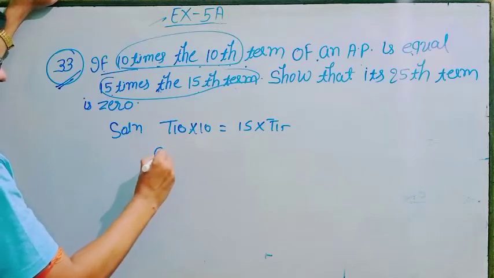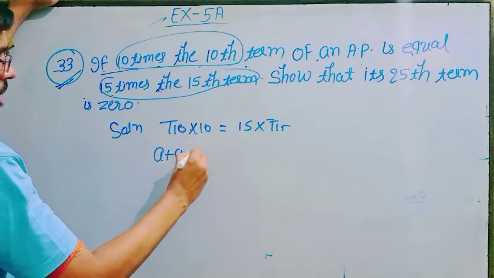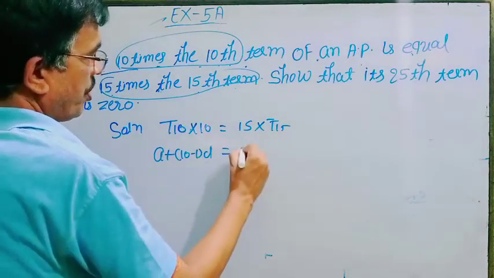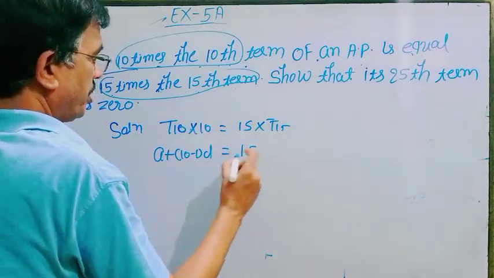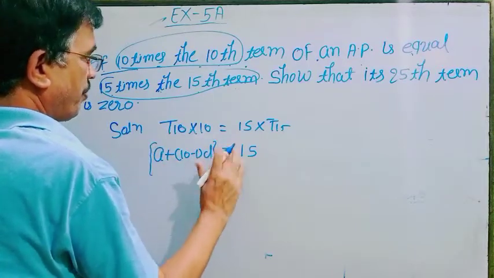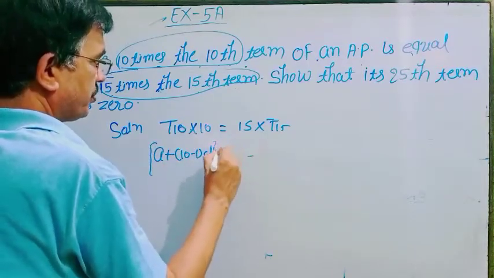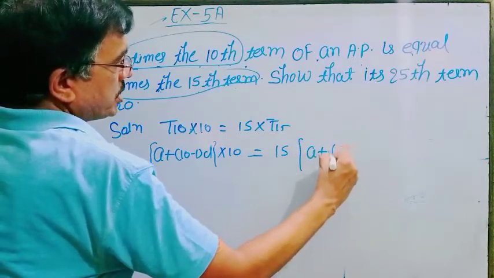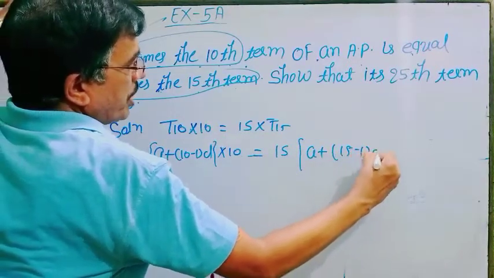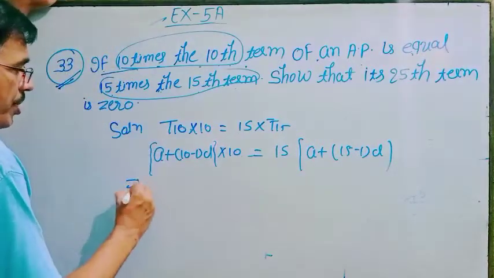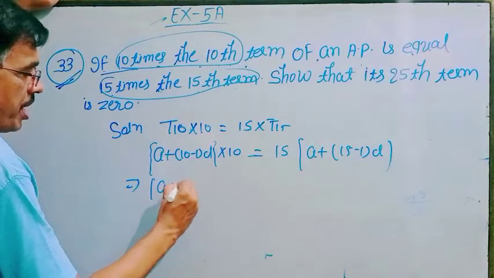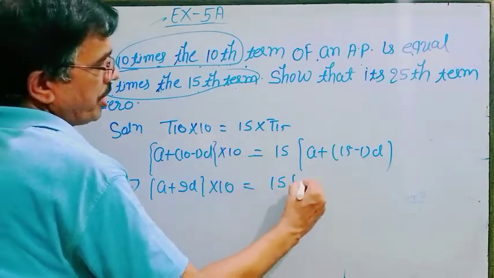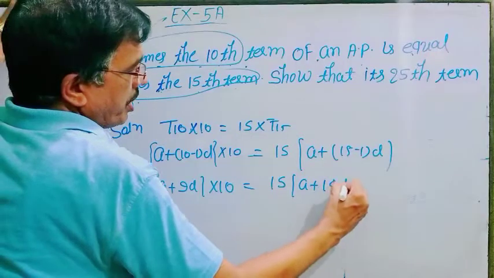So you write here, A plus 10 minus 1 into D, multiplied by 10, is equal to 15 into A plus 15 minus 1 into D. You write A plus 9D into 10 is equal to 15 into A plus 14D.